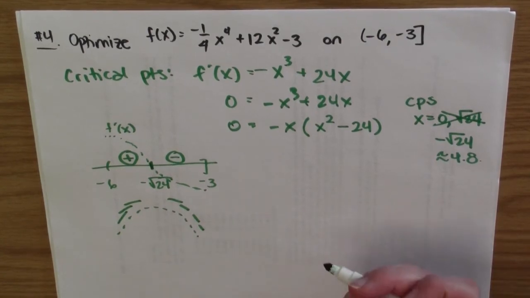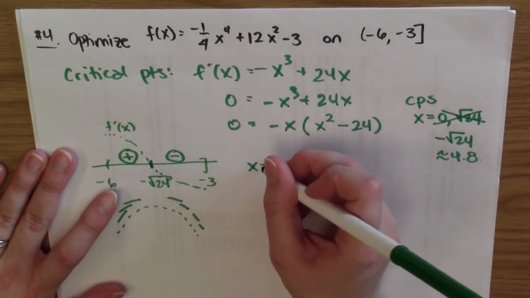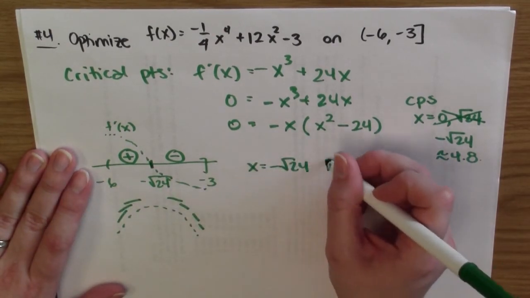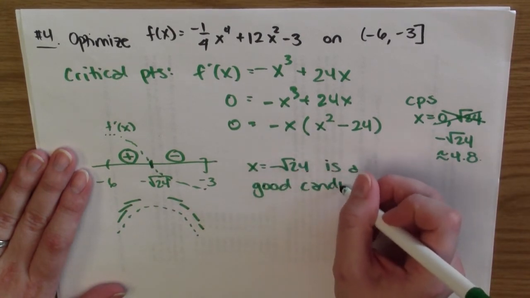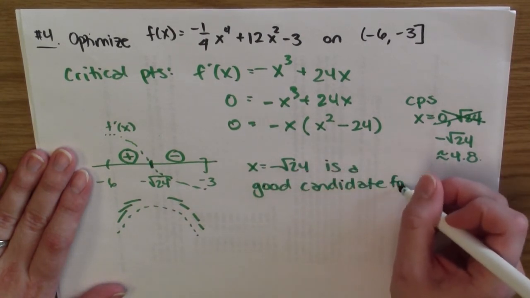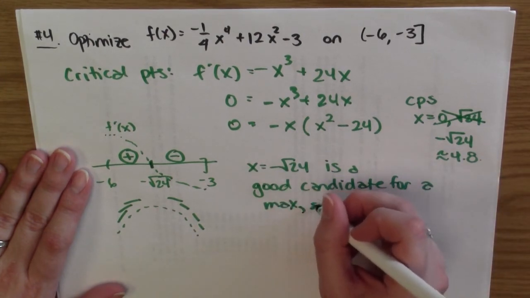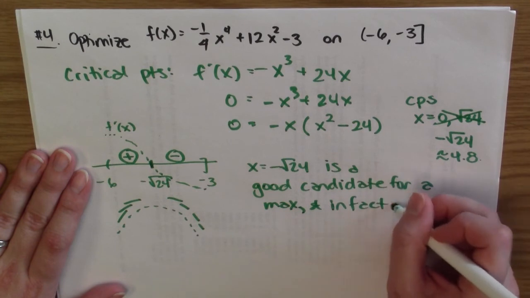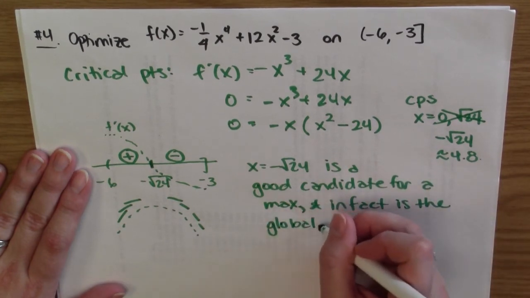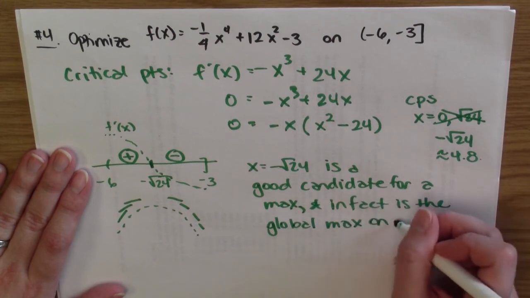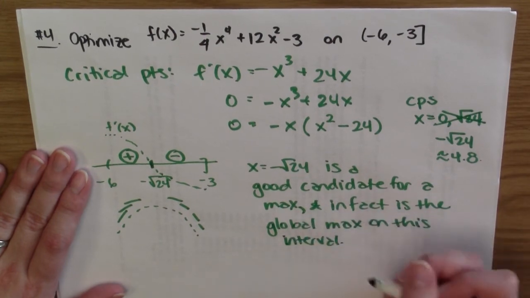So I see that this point, x equals negative root 24, is a good candidate for a maximum, and in fact is the global maximum on this interval. Right?